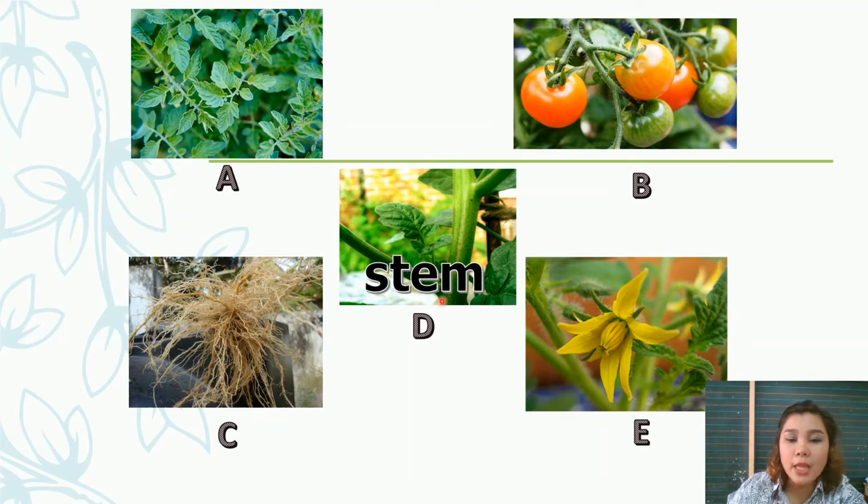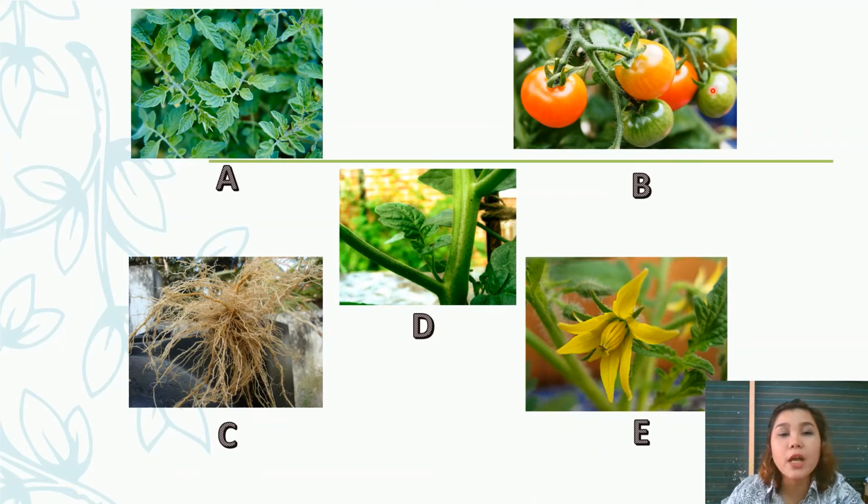We have answered root, fruit, leaf, and stem. And what we have for E is what we call, okay, flower is letter E. So these are the plant parts of a tomato plant. We have the leaf, the fruit, the stem, the roots, and the flower.